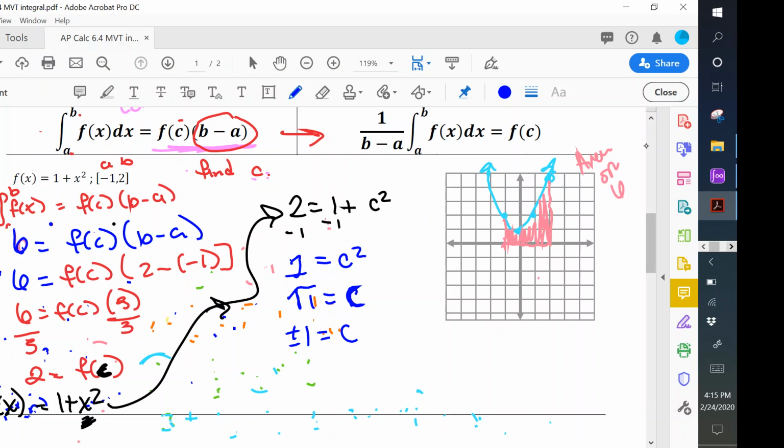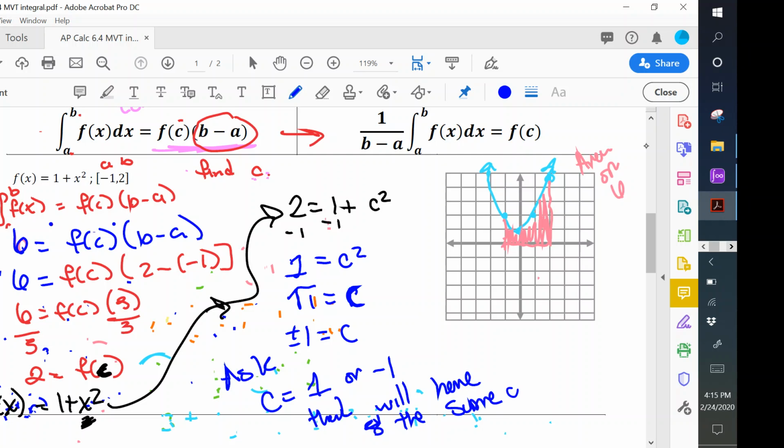Okay. So now, ask yourself, c is equal to 1 or negative 1. That will have the same area as a rectangle. I'm sorry, as the area under the curve.